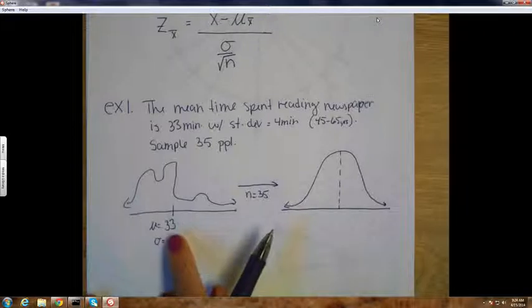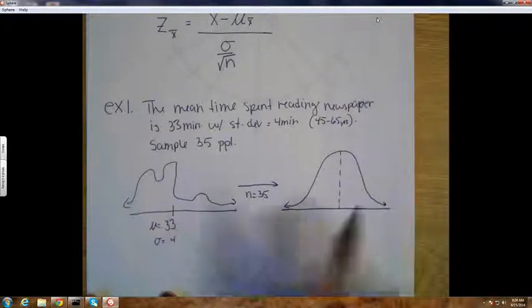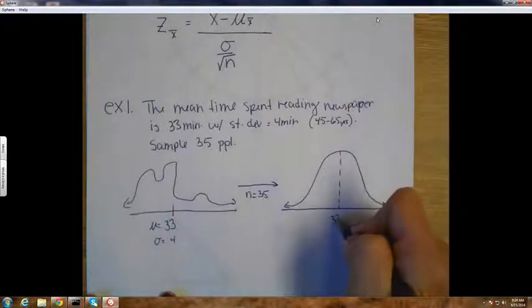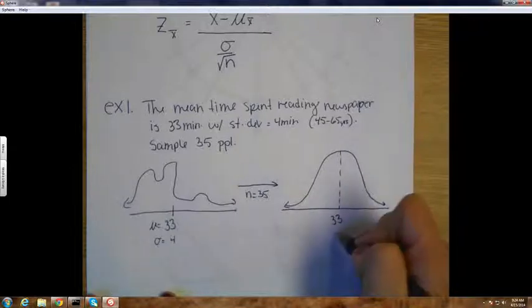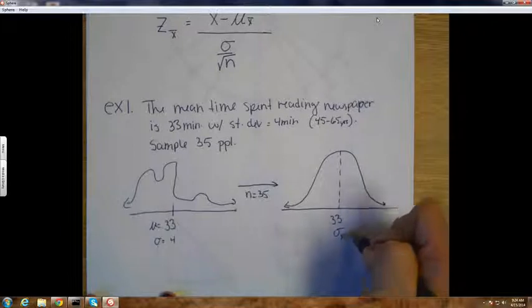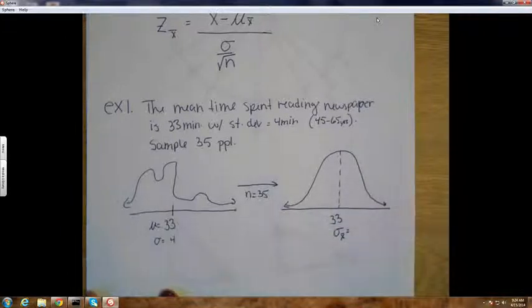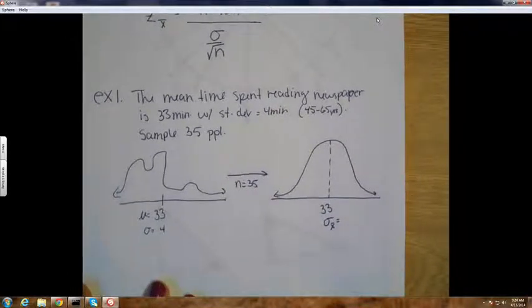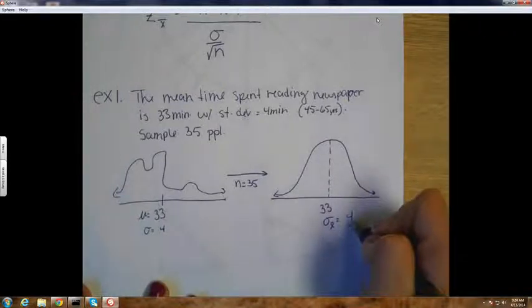Exactly the same as the population. The mean doesn't change. But the standard deviation for this group of 35 people does change. How do I get it? Four divided by the square root of the sample size. Okay.